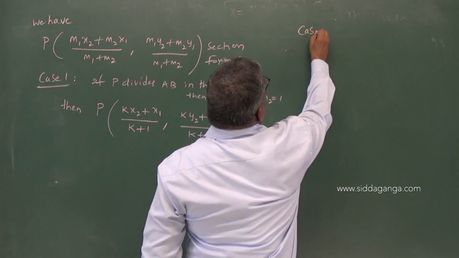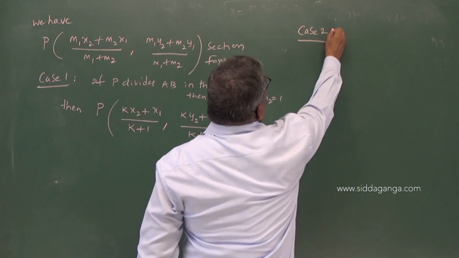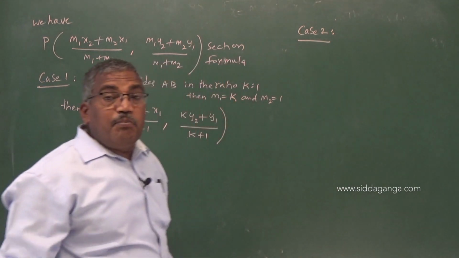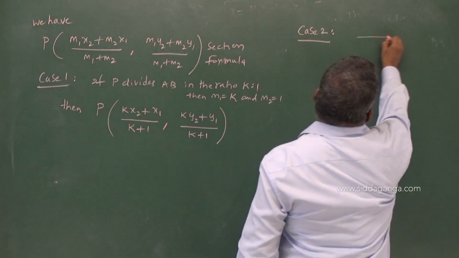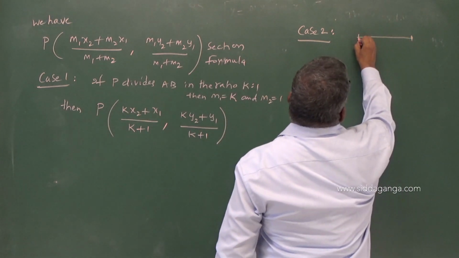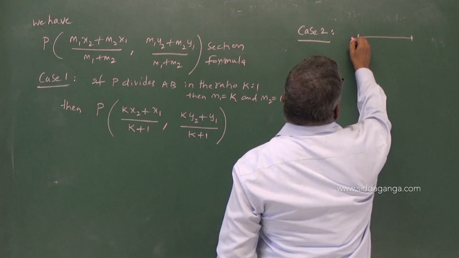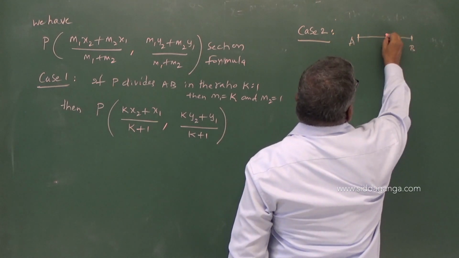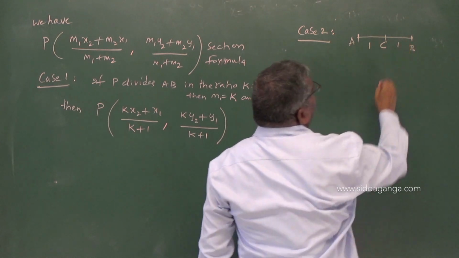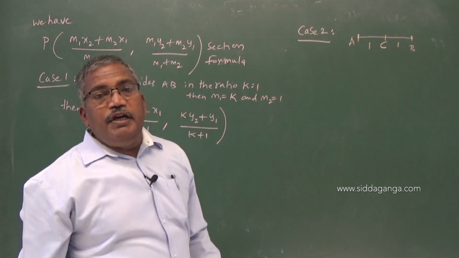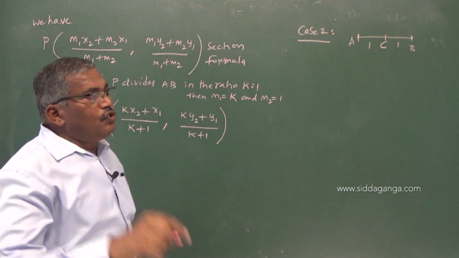See what happens if the point C is exactly in between A and B. If it bifurcates, this is point A, point B, and point C is in the middle, then it bifurcates AB in the ratio 1 is to 1.